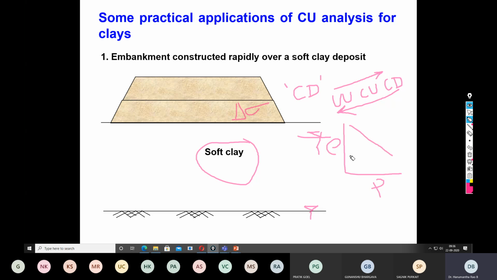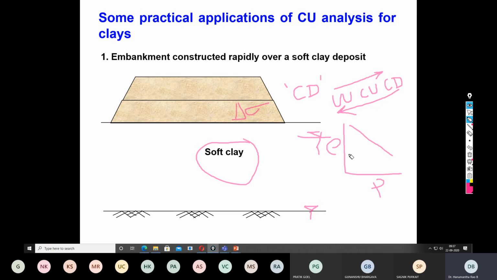That's true. There is a small amount of rebound, but it will not reach its initial state. Meaning thereby, when you consolidate the soil sample from UU to CD, you can easily achieve the UU to CD condition, but it is not reversible. You cannot come from CD to UU. Once the soil sample is consolidated, it is like plastic deformation.